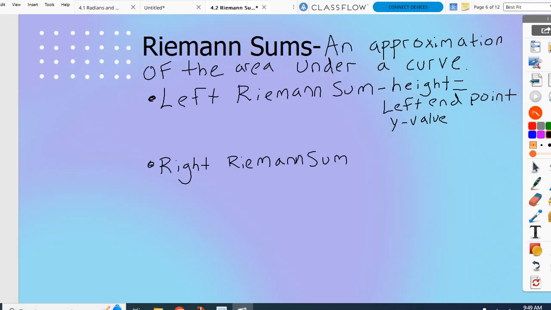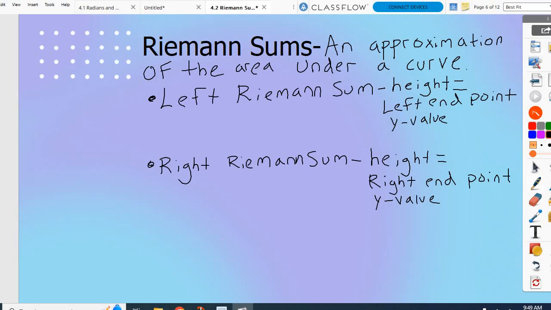For your right Riemann sum, it's the other one. The height is equal to the right endpoint y value, again for each sub interval. So we are summing together a bunch of rectangles. We kind of looked at it a little bit yesterday.